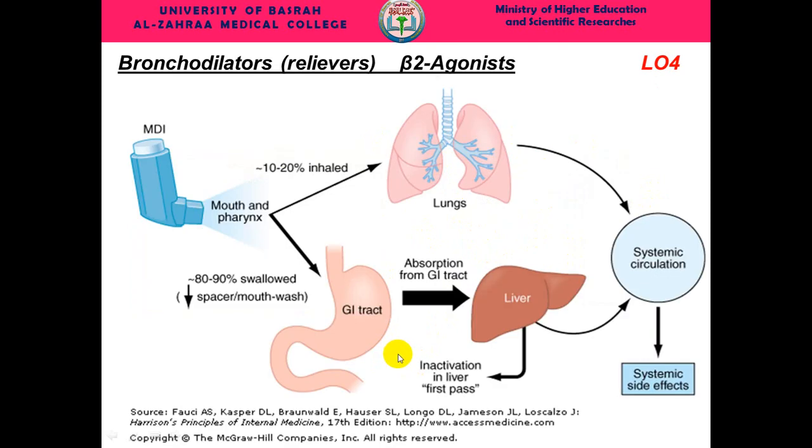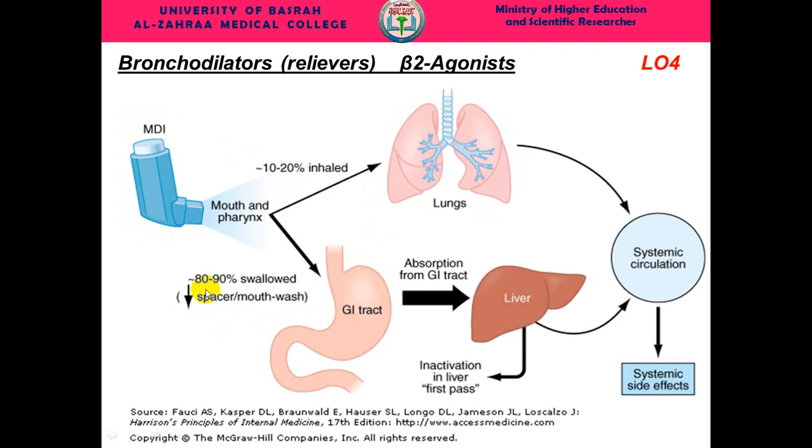And remember, if we give our patient the beta agonist through the metered-dose inhaler, only 10 to 20% will be inhaled into the lung tissue. The other 80 to 90%, unfortunately, will be swallowed and go to the gastrointestinal tract.